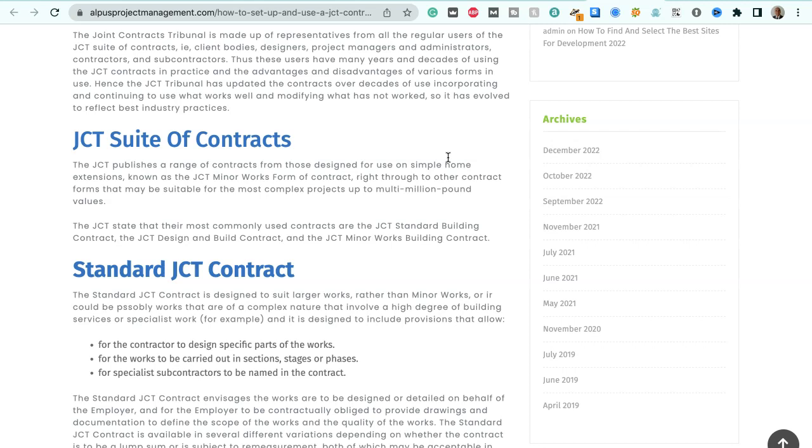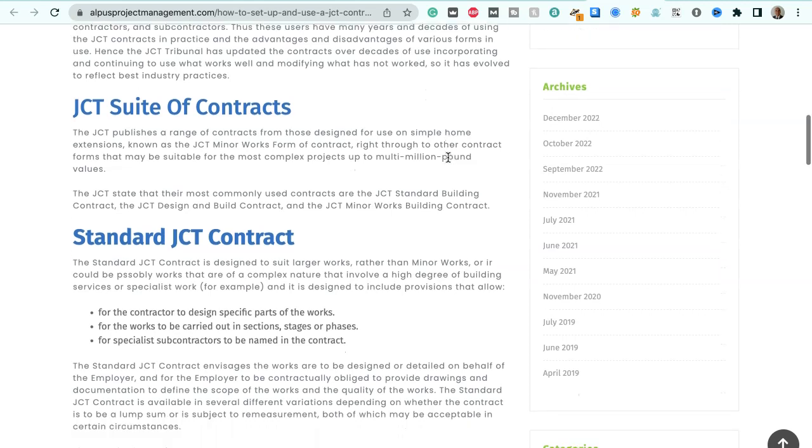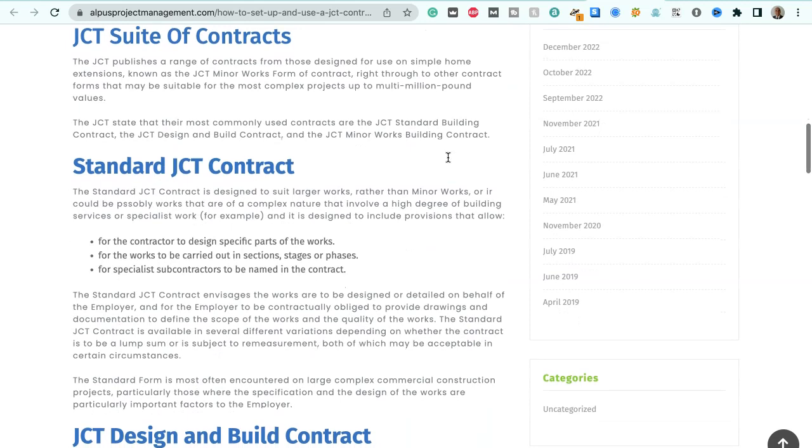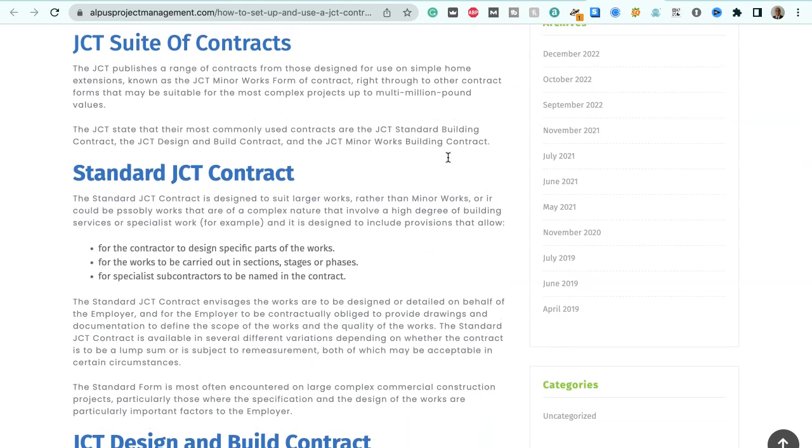Thus, these users have many years and decades of using the JCT contracts in practice and the advantages and disadvantages of various forms in use. Hence, the JCT Tribunal has updated the contracts over decades of use, incorporating and continuing to use what works well and modifying what has not worked so well. So it has evolved to reflect best industry practice.